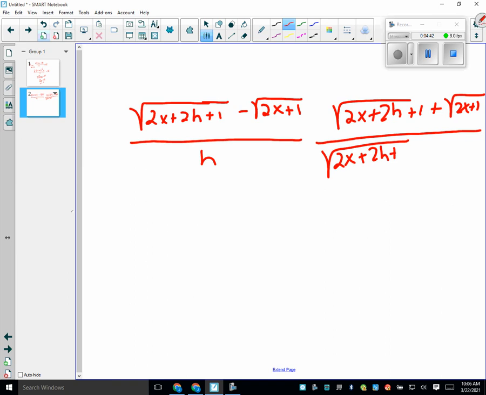Yes. It's the opposite sign. Where did the bottom h go? It's just the opposite sign between the two. That's what a conjugate is.